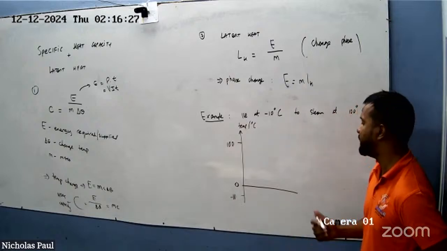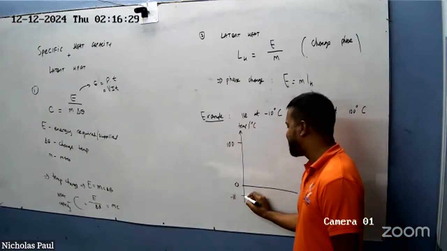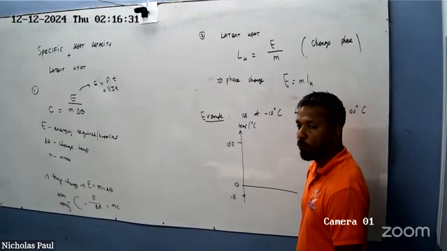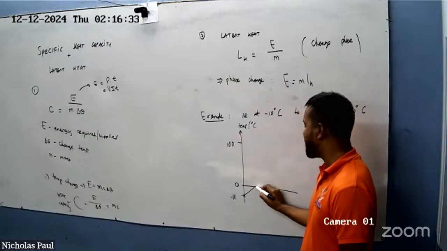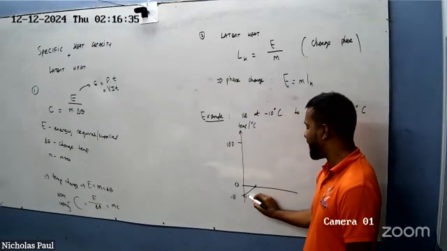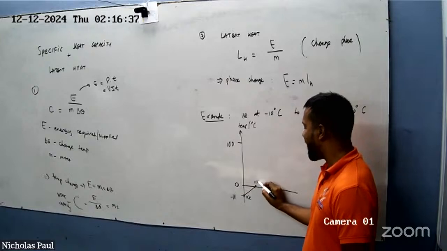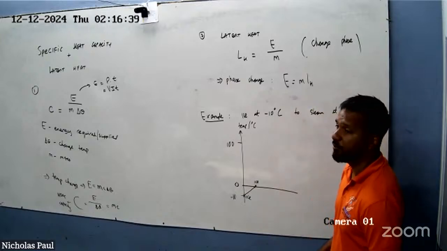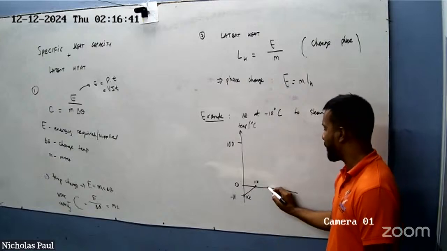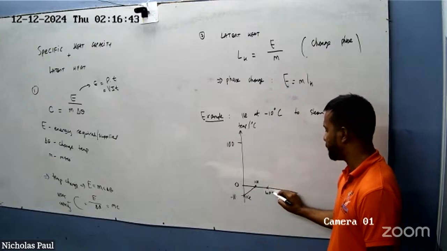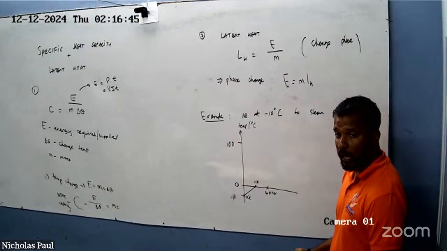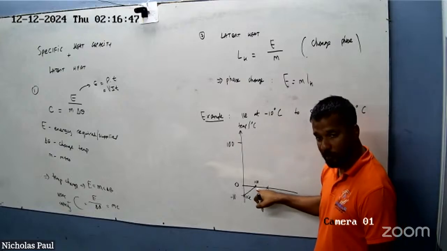All right, so it starts at minus 10 degrees. When you heat it, it will reach 0 degrees. Here is ice, still ice. But as you heat it further, what will happen? It turns to water. So it underwent a phase change here.